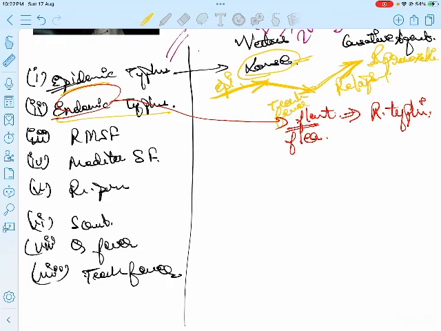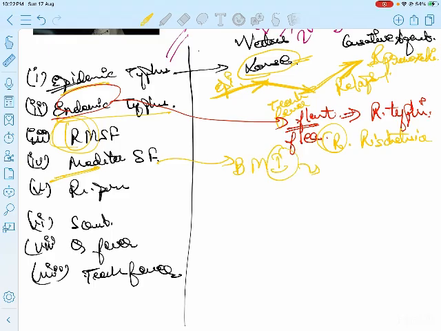Then Rocky Mountain spotted fever. For Rocky Mountain spotted fever, the causative agent is R for R, Rickettsia rickettsii. Then Mediterranean spotted fever, we can remember it as BMI.